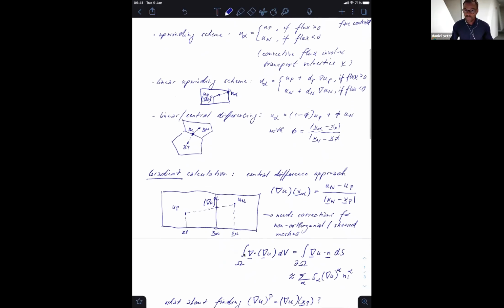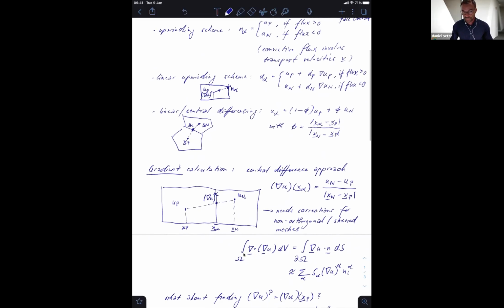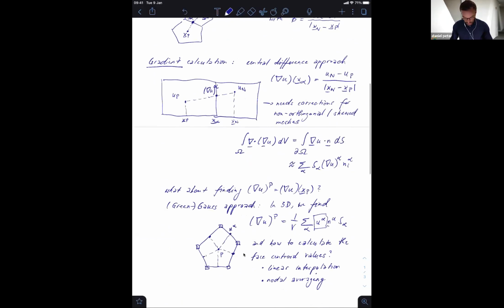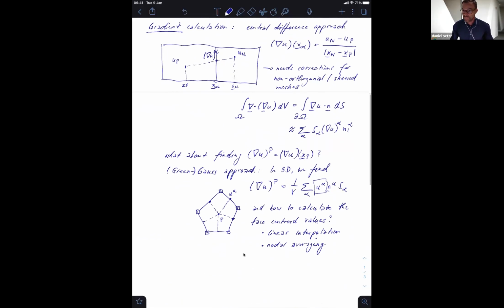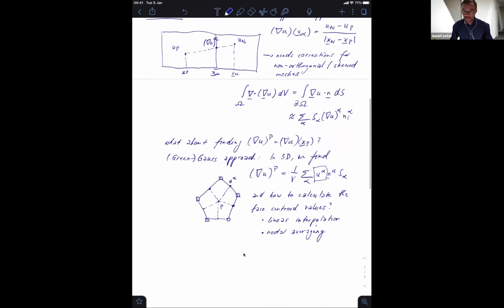So then you play around with different approaches. The same with the gradients. Again, there's a bunch of different schemes you can try out to get these gradients.